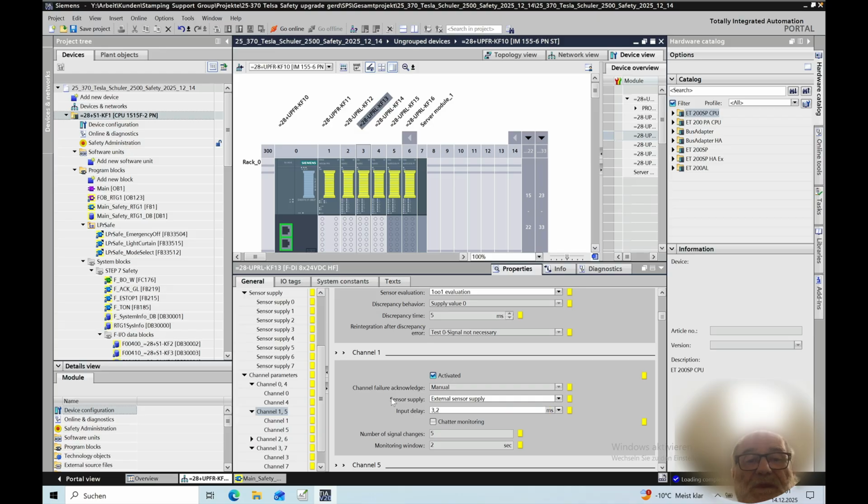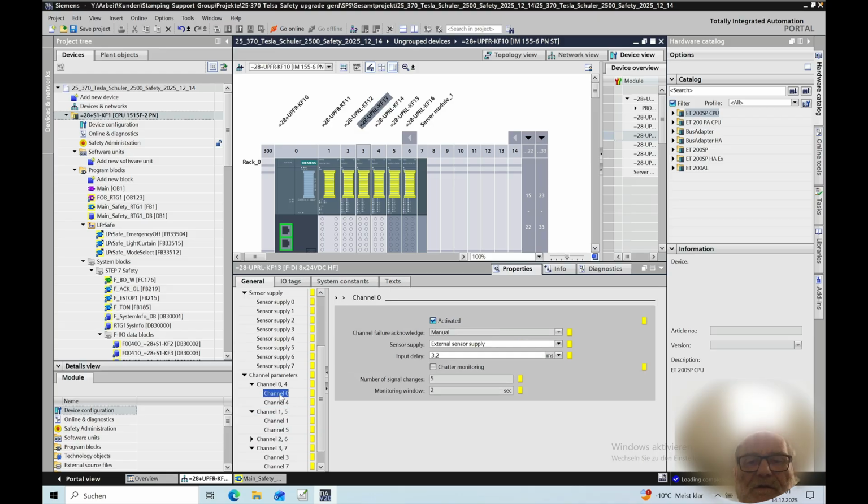I thought I forgot the sensor supply, but I got everything right. The sensor supply on a 1oo1 is different.